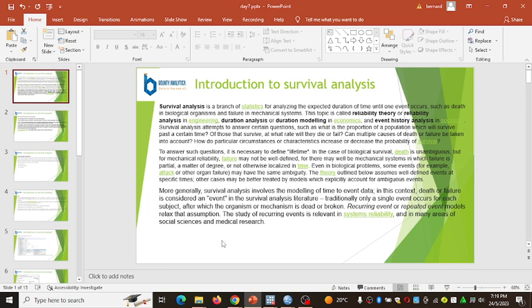If you have any question, or if you don't understand some theories that we are introducing here, you can just ask questions. More generally, survival analysis will involve modeling of time to event data. In this context, death or failure is considered as an event.